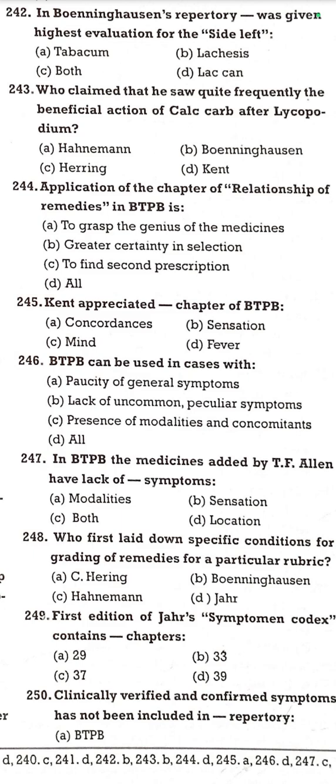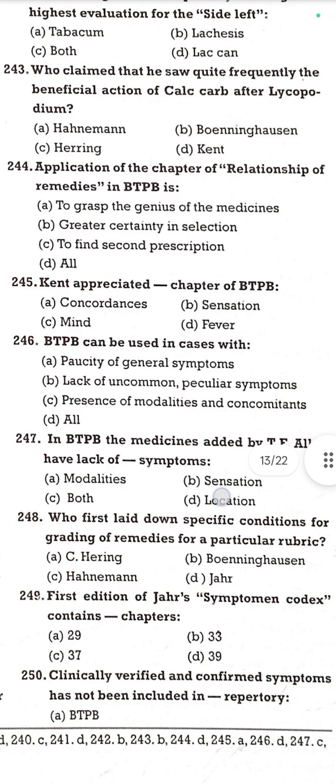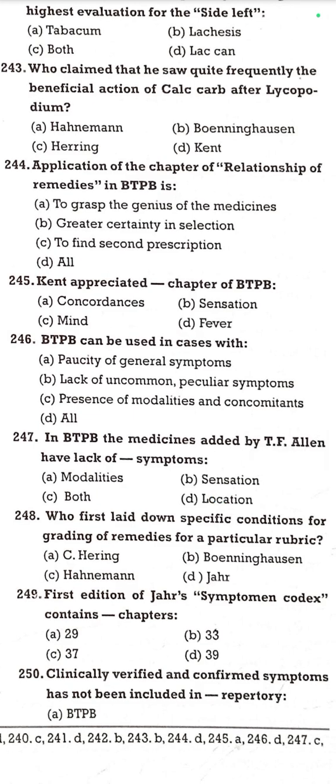247. In BTPB, the medicine added by T.F. Allen have lack of modalities and sensation. 248. Who first laid down specific condition for grading of remedies for a particular rubric? So the answer is C. Herring. 249.